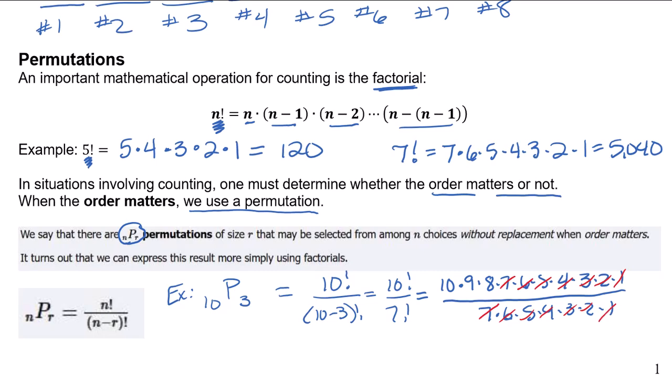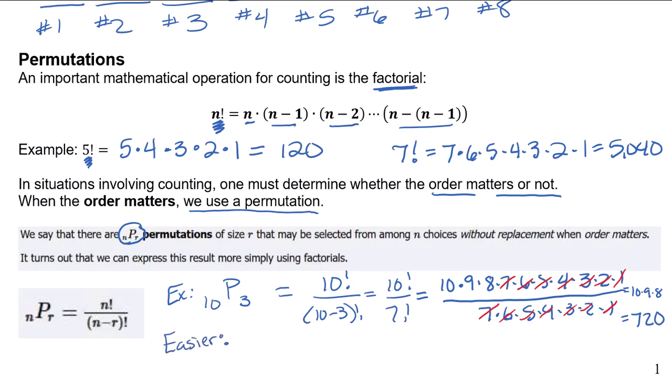So basically, we canceled all of the 7 factorial from each. This left 10 times 9 times 8, which gives us 720.